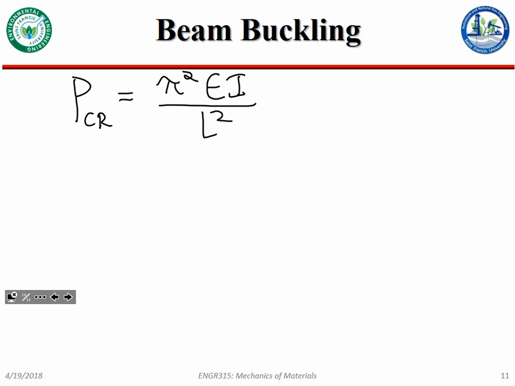So pi squared times the bending stiffness, because it's a failure in bending, divided by the length squared.